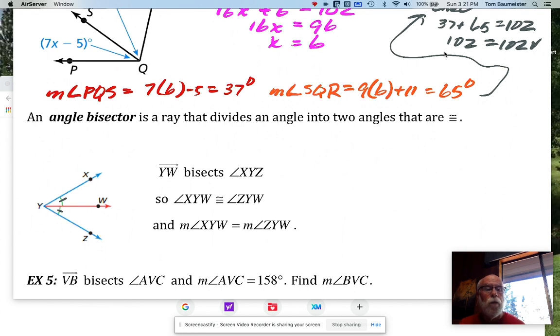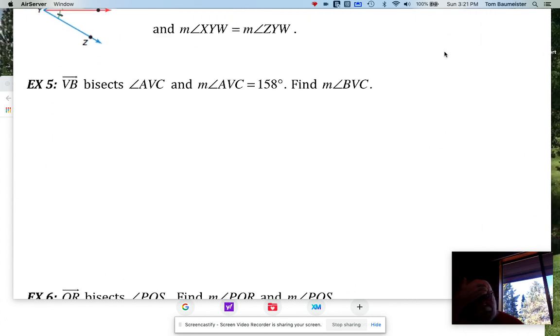So again, we know that it cuts it. We just need to know if it bisects it. Well, since I told you by the tick marks that it is, we can say that the angles are congruent. So angle XYW is congruent to angle ZYW, and their measures are equal. So we can say that the measure of angle XYW is equal to the measure of angle ZYW. Okay?